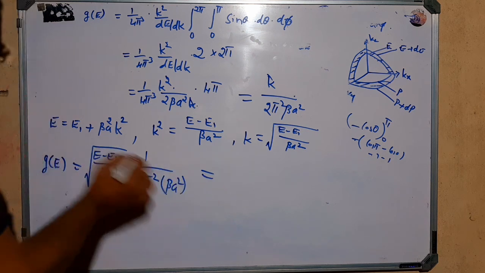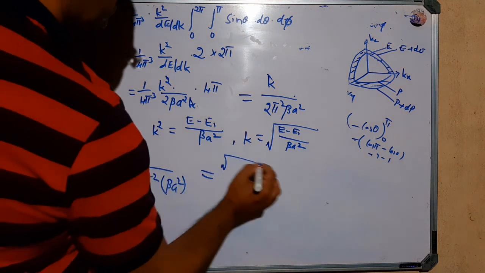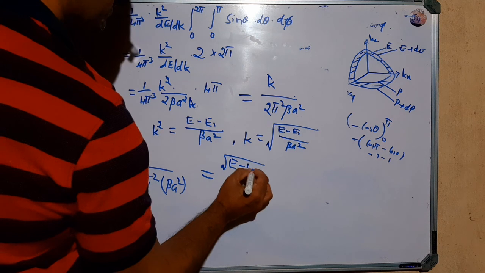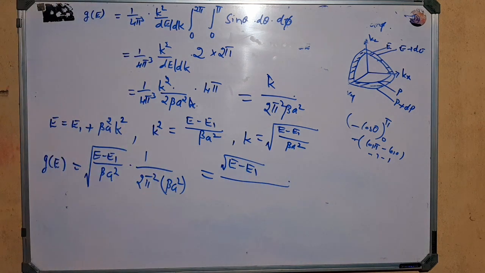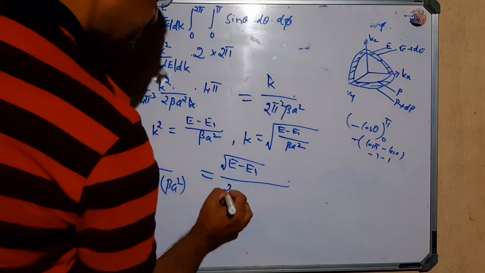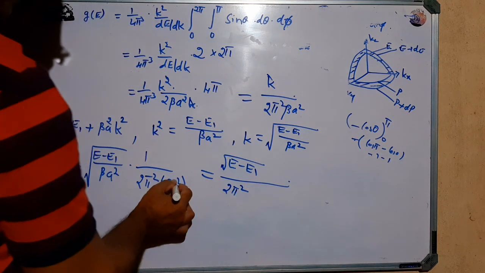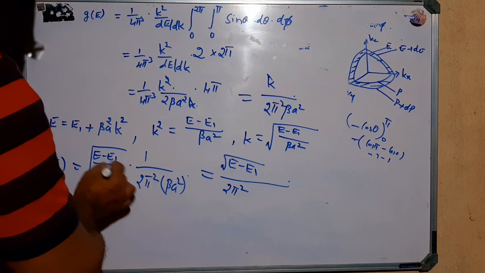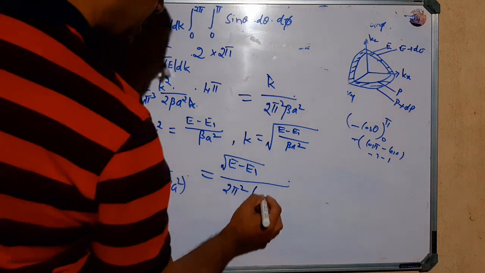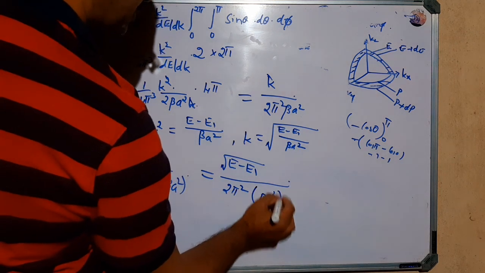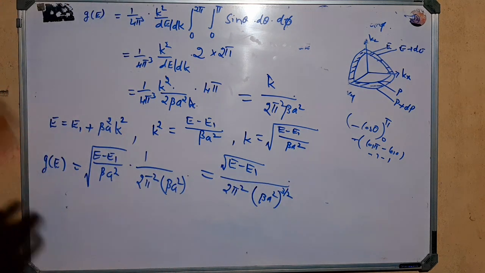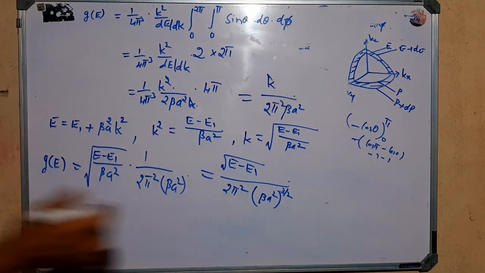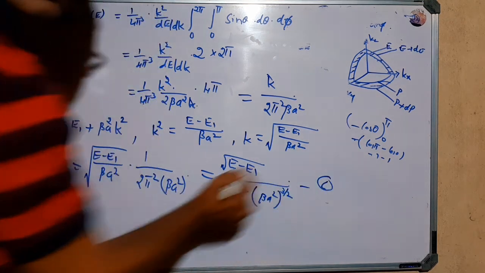This is equal to square root of E minus E1 divided by 2 pi square beta a square to the power 1, beta a square to the power half, it becomes beta a square to the power 3 by 2. That is equation number 6.